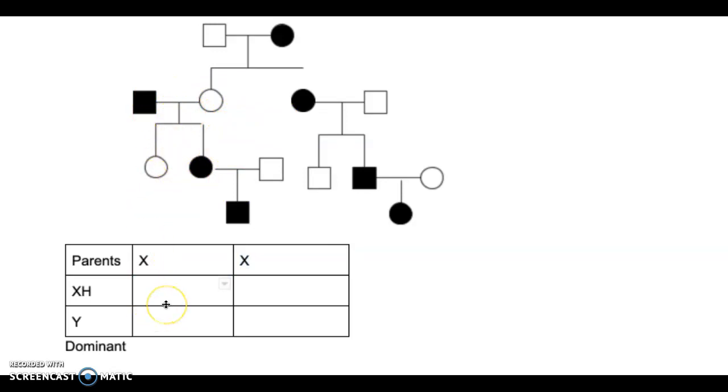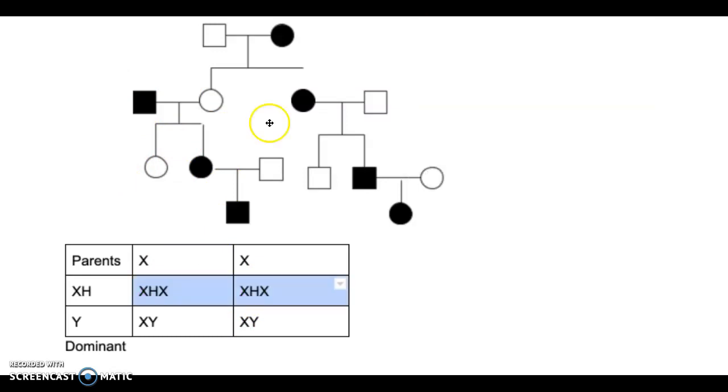Okay. Now, here we have got all females in this scenario, if it was X-linked, would be infected. Okay, so it is not X-linked dominant. It cannot be because we've got a female here that is fine.